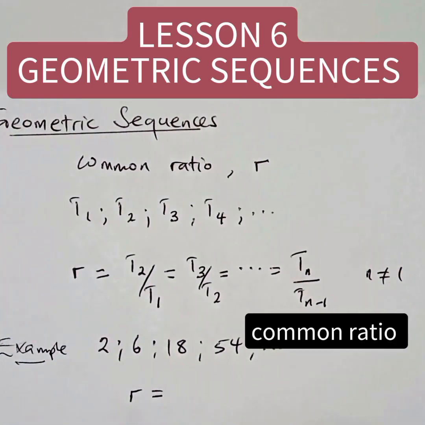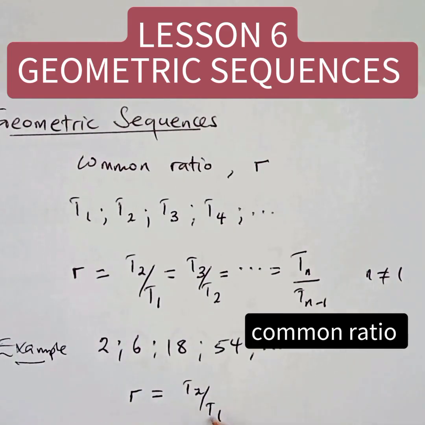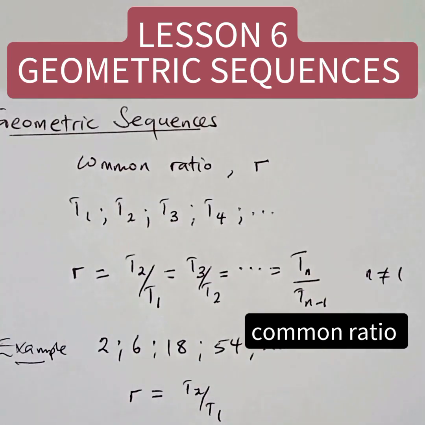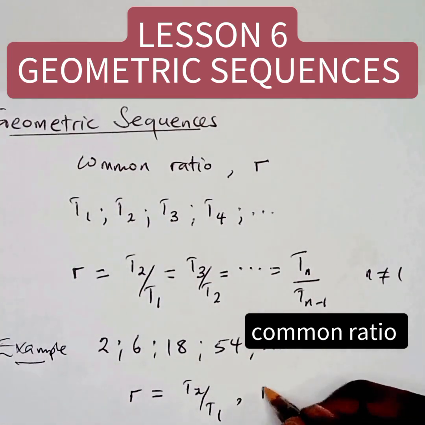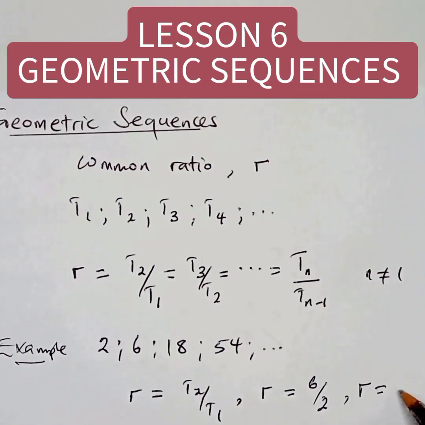The common ratio is given by T2 over T1. We can just use that one. We can use T3 over T2 and we'll get the same thing. So r is equal to 6 divided by 2, so that means r is equal to 3.